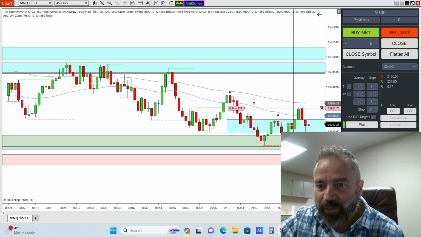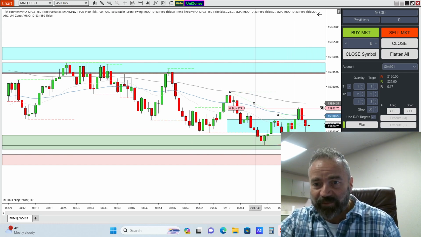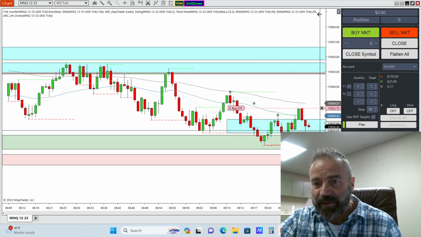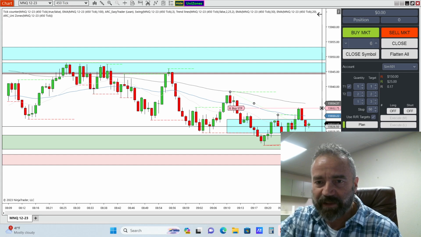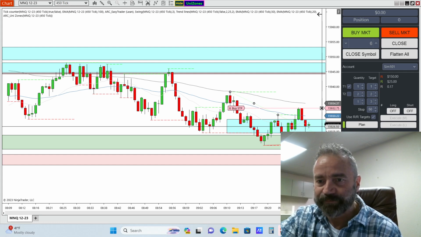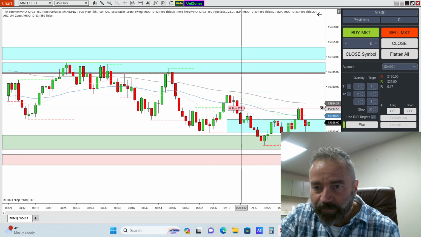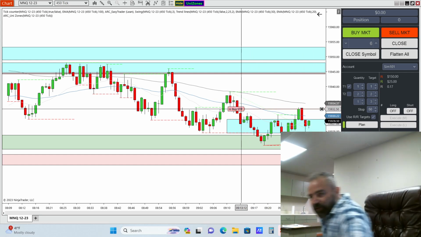The reason why I would have possibly taken this trade is because we had a double bottom here. We have some uni zones printed. So anyway, we'll see. I'm going to put this right here though. So if it goes up and taps that, we'll be in the trade.